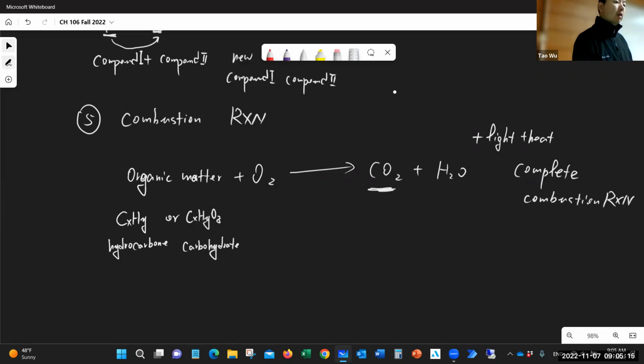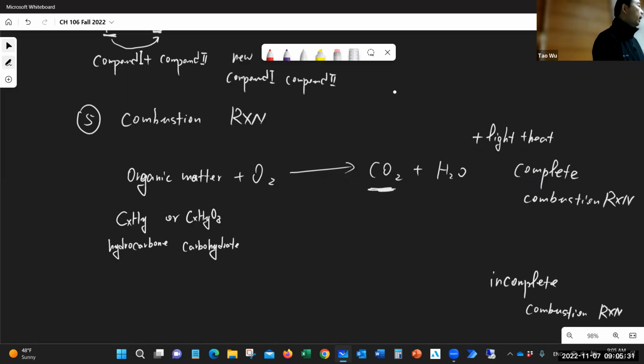In some cases, they also have incomplete combustion reactions. Incomplete reactions are not because of the organic matter, but because they do not have enough oxygen, so instead they generate CO plus water, or they form carbon plus water.